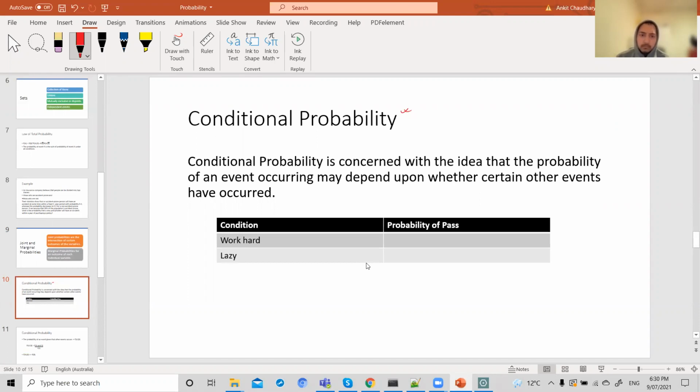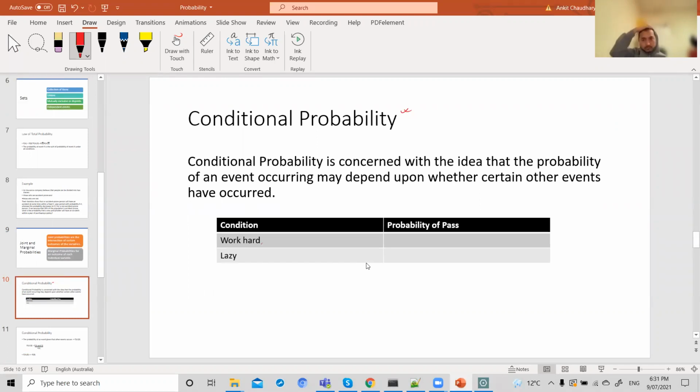For example, the probability of passing an exam can depend upon whether a person is hardworking or lazy. So, the probability of passing an exam given a person is hardworking.